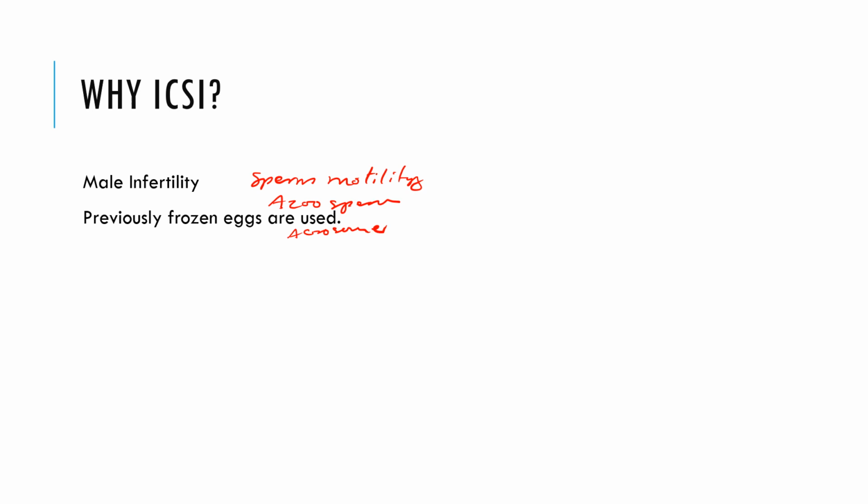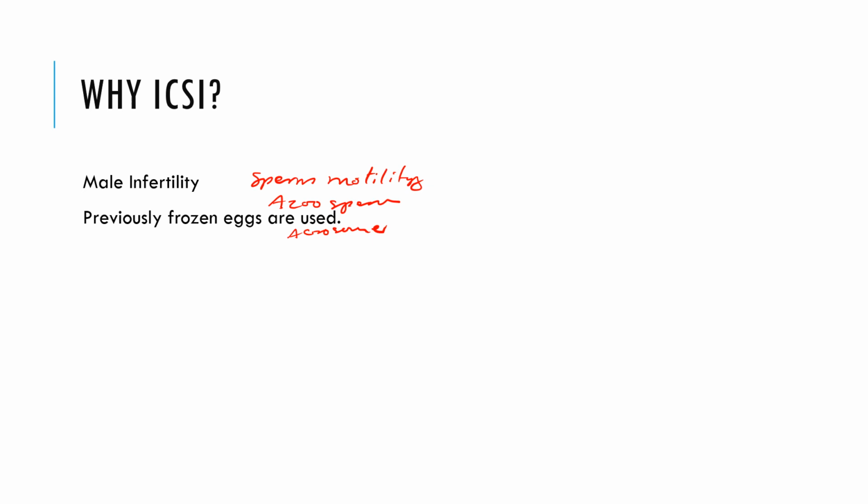This is called frozen gametes. So instead of cryopreservation of the embryo, we also have cryopreservation of the gametes. If those cryopreserved gametes are used after many years for in vitro fertilization or artificial insemination, the sperms may not be motile enough after such a long time. At that time, we can use ICSI.